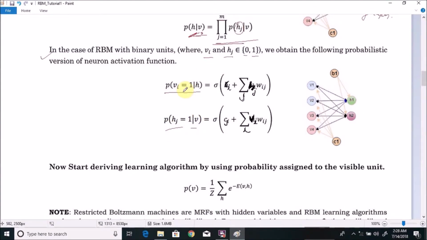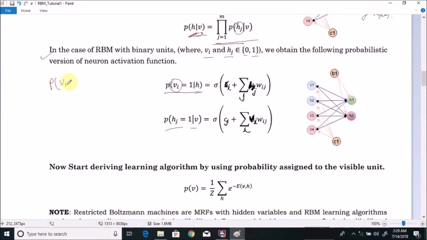The conditional probability of Vi equal to 1 given H can be given as the sigmoid of the attached bias plus the sum of the product of the hidden units and the weight with Vi. We can understand it simply like that.